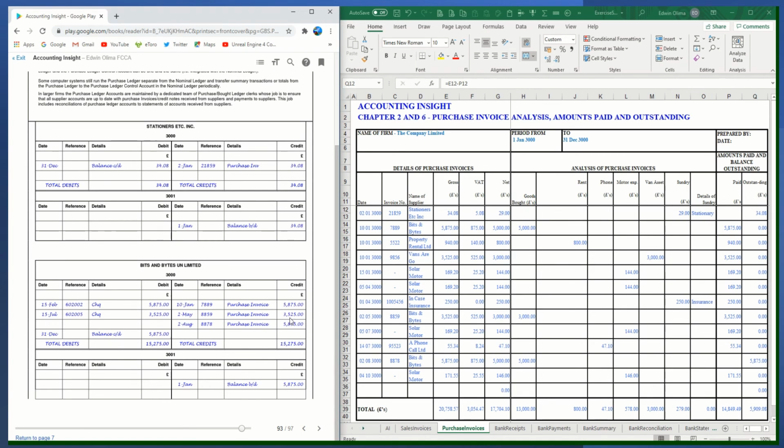It would look like this: the amounts that we now owe this particular supplier are credits, and that is amounts we're going to pay out. And then when we pay them, which obviously has to be the opposite of credit, we debit their account with a check. So we pay them 2 checks, 5,875 and that amount, and that leaves a balance to carry down when we close off the year, a balance to carry down of 5,875.